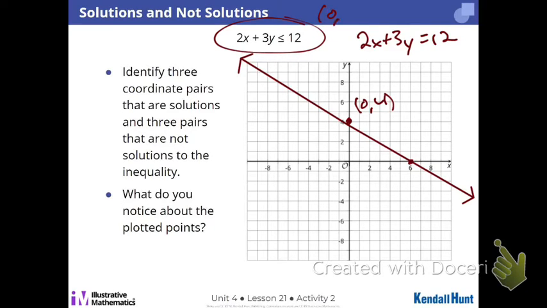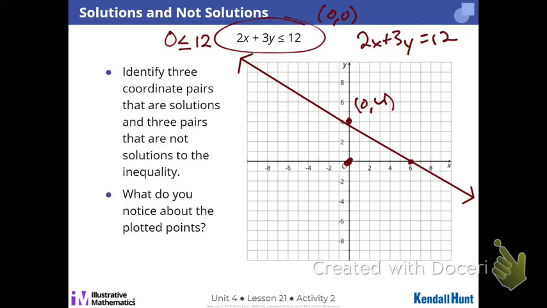So if I slap the origin up in here, I get 0 is less than or equal to 12. Is the origin true? So I'm going to just put a dot there saying that's true. Someone pick something else for me to test close to the origin. Yeah, Vinny? What else?